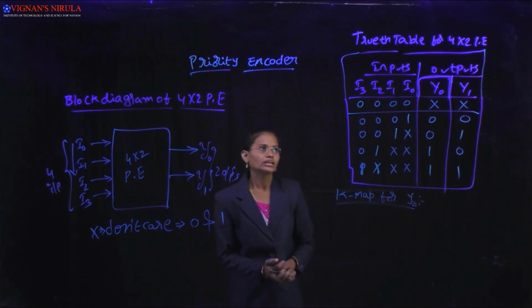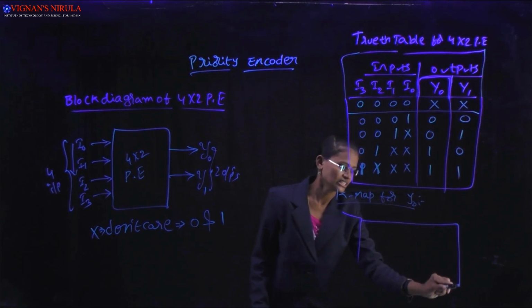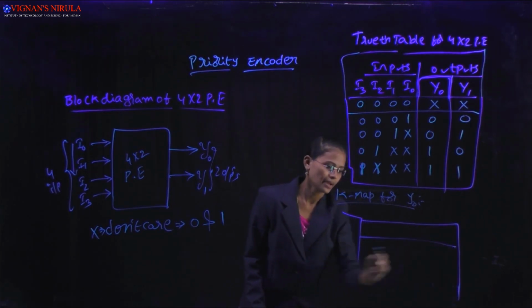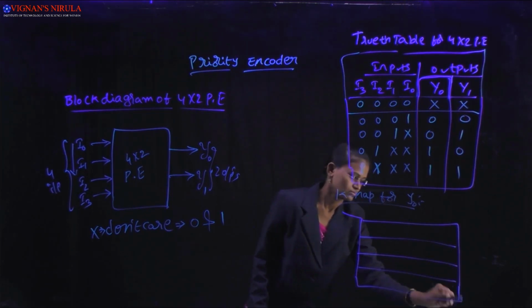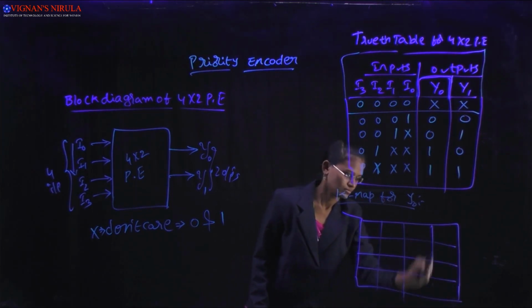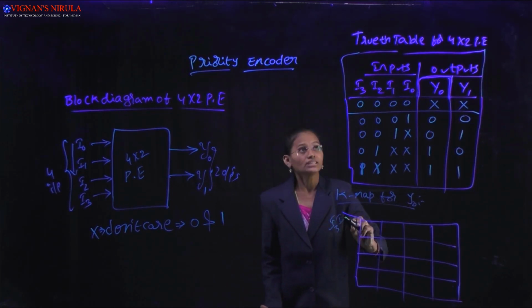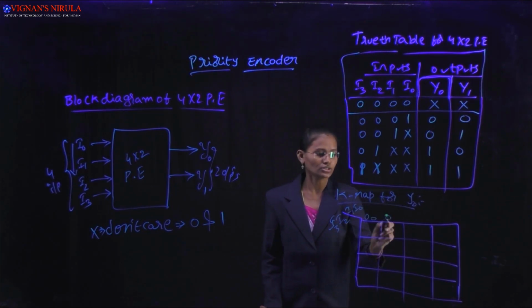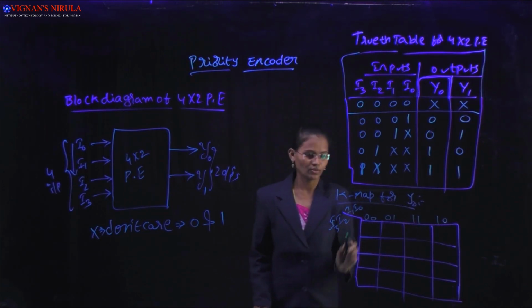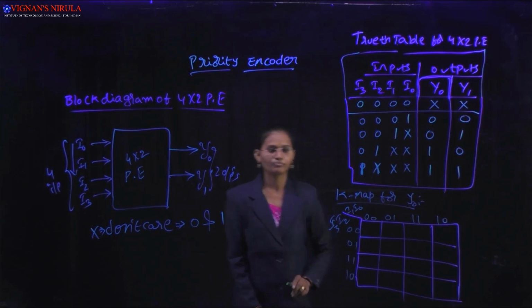Here we are using the 4 inputs, so draw the 16 cell K map, with I3, I2 and I1, I0 as 0 0, 0 1, 1 1, 1 0.